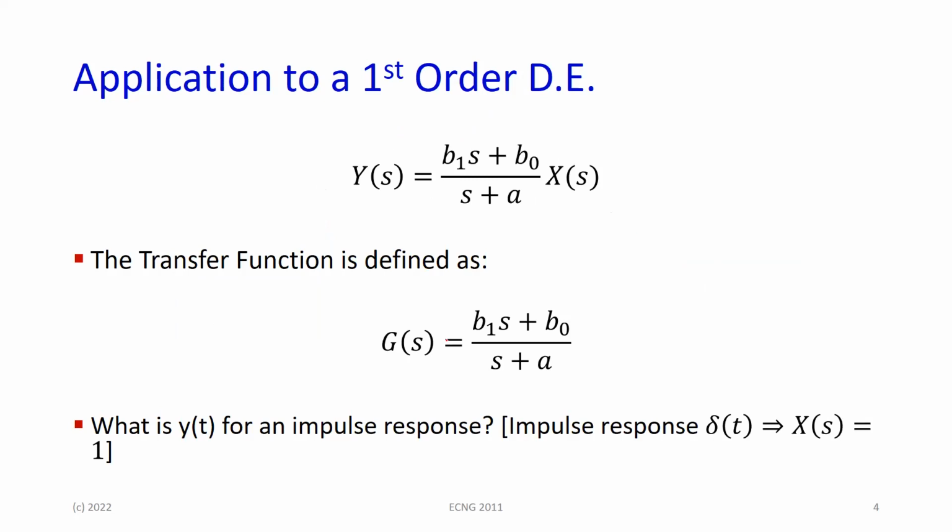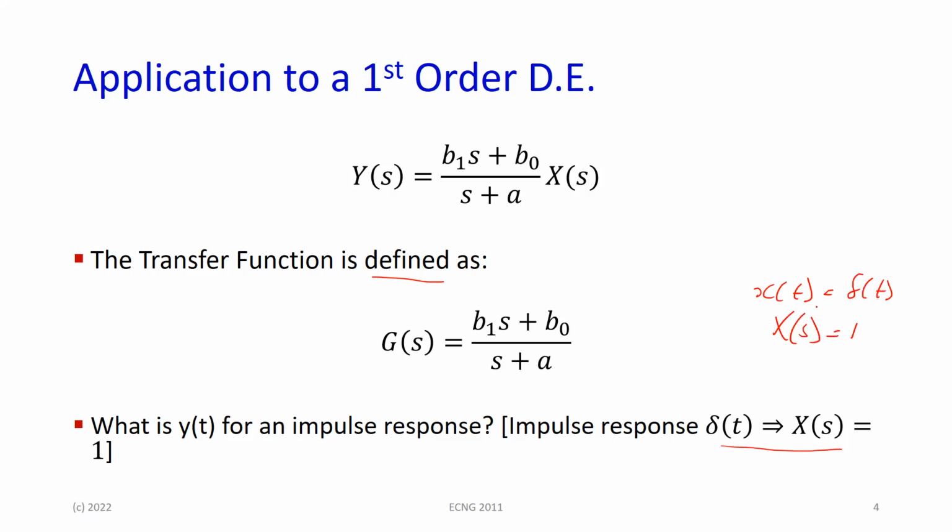And what we said is that we define, well, your notes have derived, because what I did is to sort of combine the two bullets here. What we said is that if x(t) was delta(t), an impulse, X(s) is equal to 1.